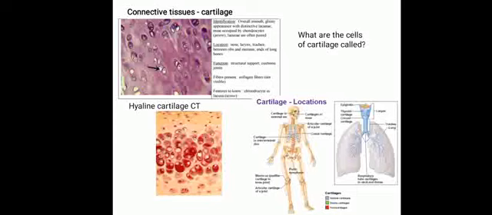That one can be found in the epiglottis in the larynx. Then hyaline cartilage, that one is blue. You can find it in the thyroid cartilage. So that's how or where you can find them.